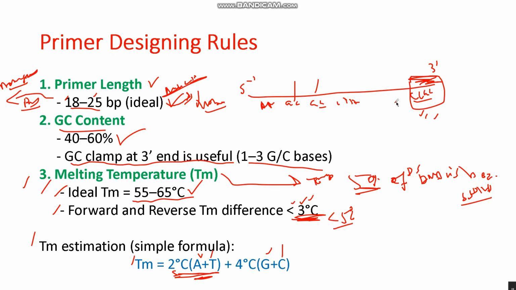Sum of it and then multiply with 4. Okay, and then at the end make the sum of it, and the result we get will be 55 to 65.